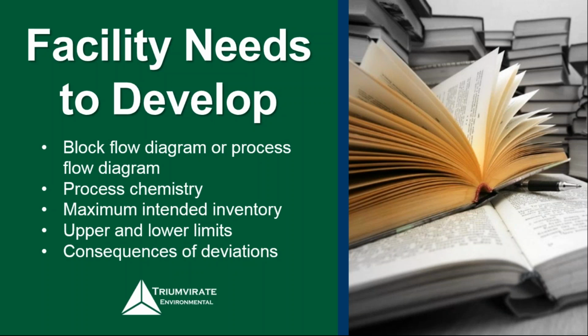Plus knowing, okay, do you have any controls on how much of an inventory you're going to have of these materials? I remember I had a client once that was getting close on this, and they said, no, we're going to make sure that we're just under the threshold quantity for the chemicals, so that we're not going over it. And then they realized that they could cut it back even more substantially than that. So that's stuff that you want to look at, and then figuring out what are the upper and lower limits of that.